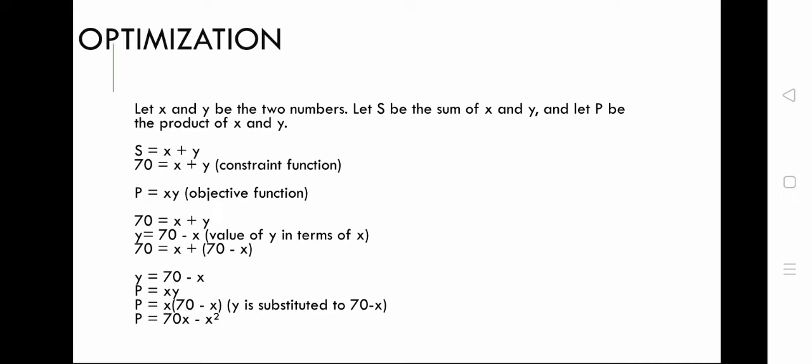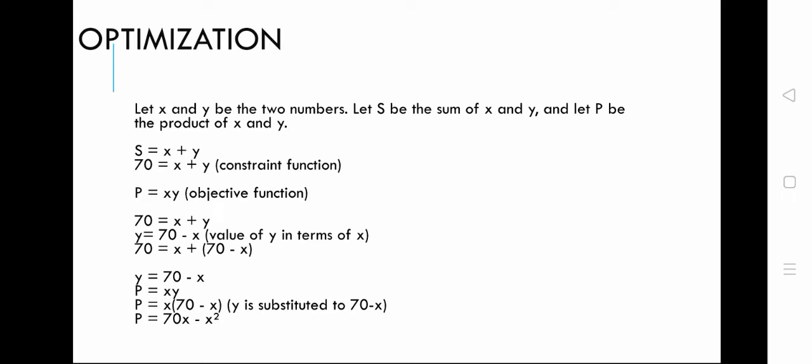Remember pala na maaari na hindi natin explicitly ma-determine kung saan ang objective or saan ang constraint function, basta meron tayong function na magagamitan ng derivative. Ang importante dito talaga yung objective function, pero kahit hindi mo na explicitly sabihin na yun yung objective function, okay na siya as long as you have the equations.